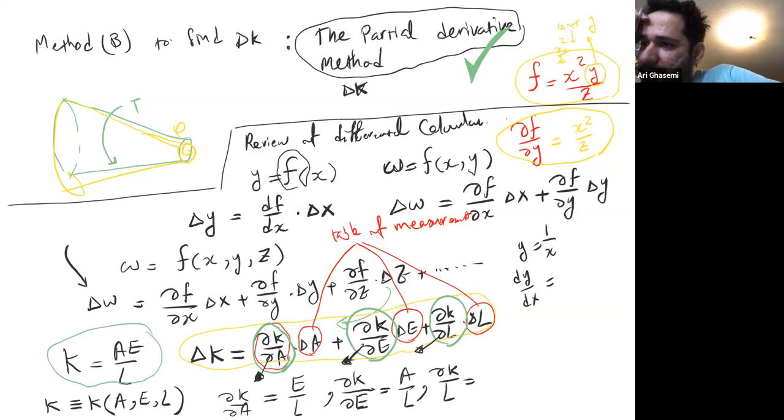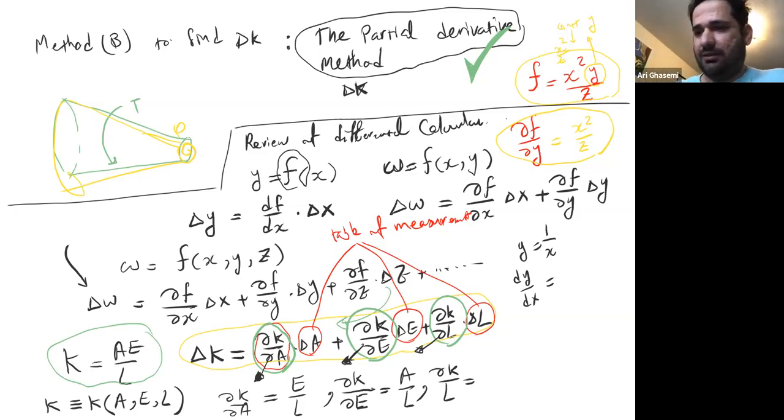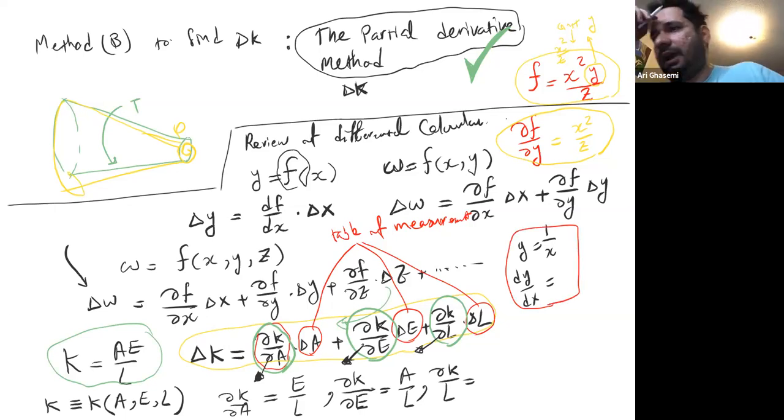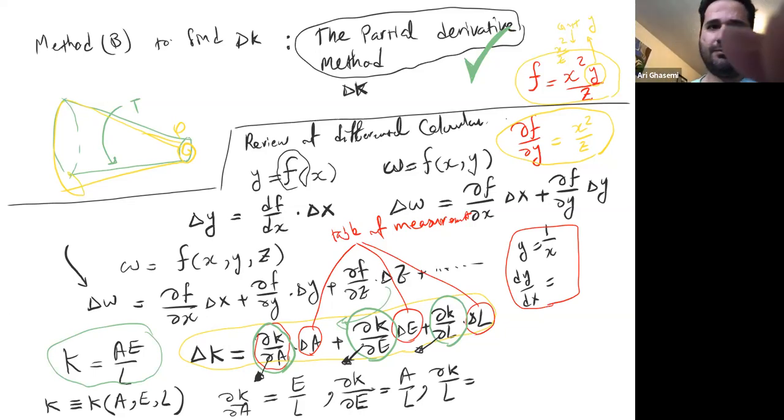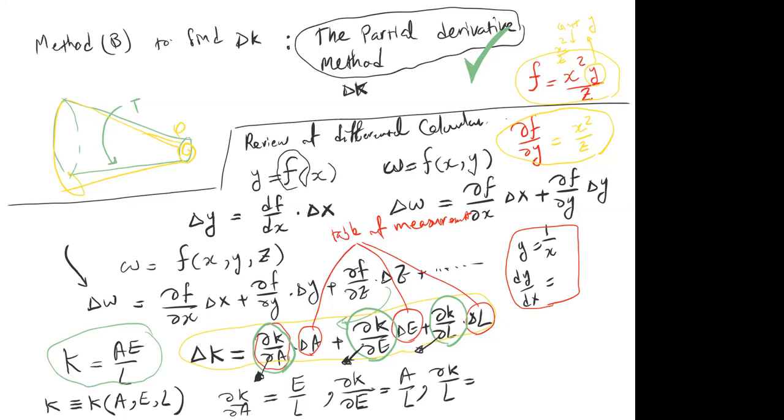Dy over dx, if I only had y is equal to 1 over x. Here, that's highlighted. If I had y is equal to 1 over x, and I wanted to take the derivative of y with respect to x, what do I get? Natural log?